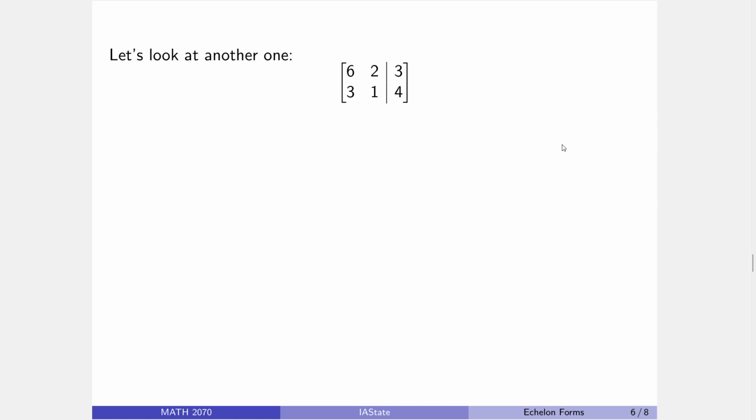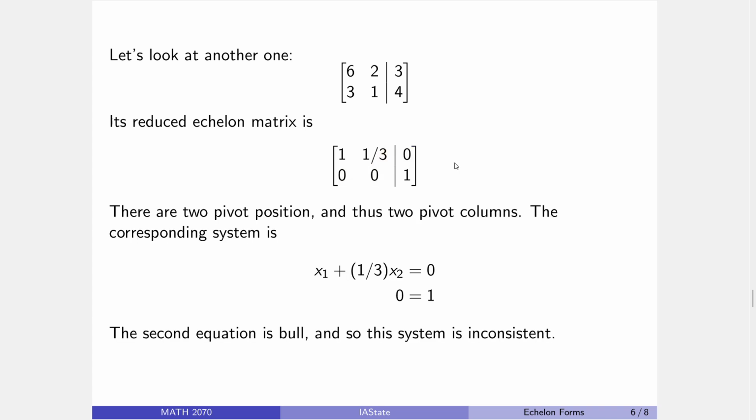Let's look at this one. 623, 314. This reduced echelon form, here we see we actually have 2 pivot columns. The first one is pivot, the second one is not, the third one is a pivot column. And now our system here, however, is inconsistent.